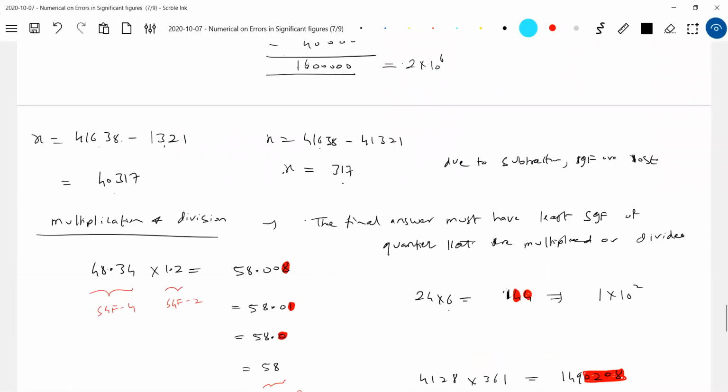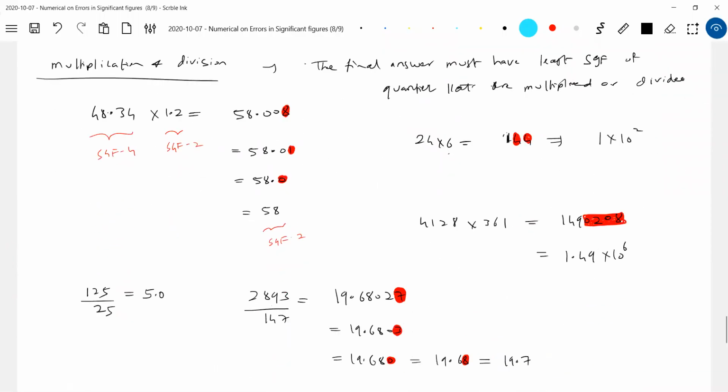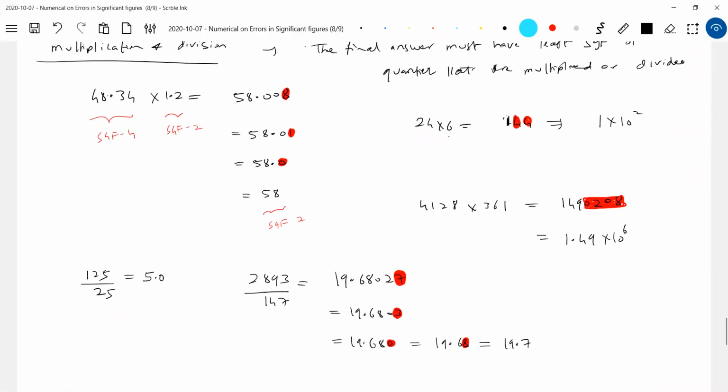Now similarly, multiplication and division. Again, the least significant digits are given priority here, because here the possible error is more. So this should be taken care of. The possible error, instead of 6, you write 7, so the value will get changed.